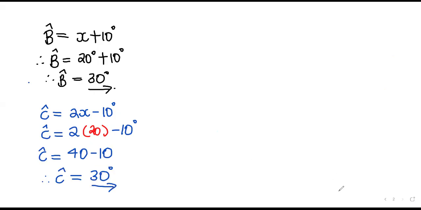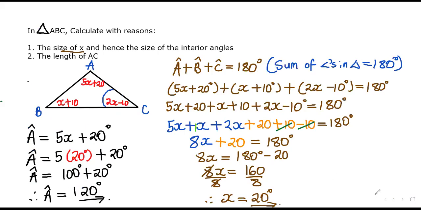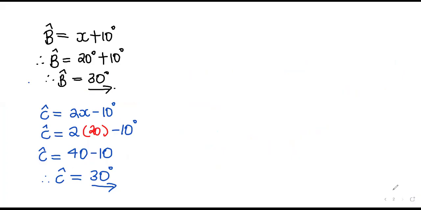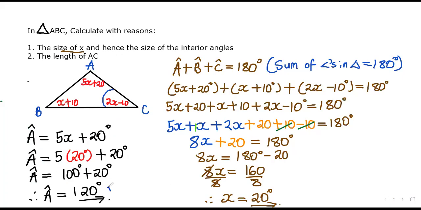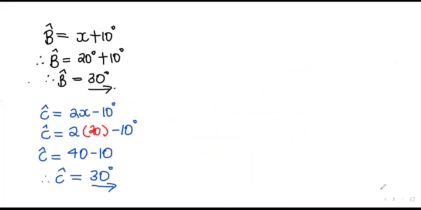So as you check this, when you are calculating the value of x, you must get 20, of which we got 20. The value of A, you must get 120, of which we got 120 somewhere, which is right here. And then the size of angle B, we got 30, we are correct. And then the size of angle C, we're getting 30.